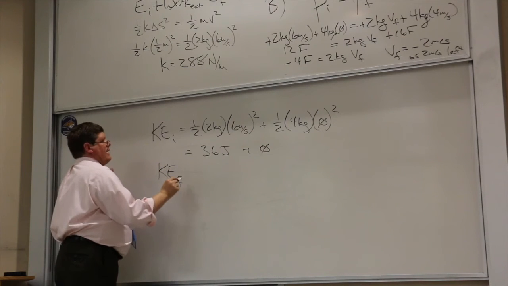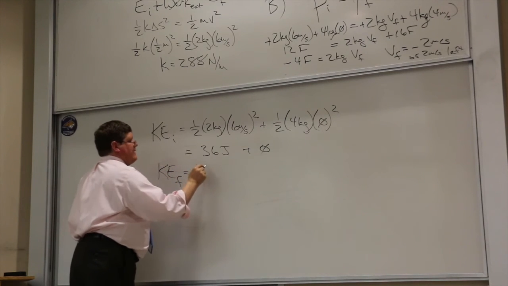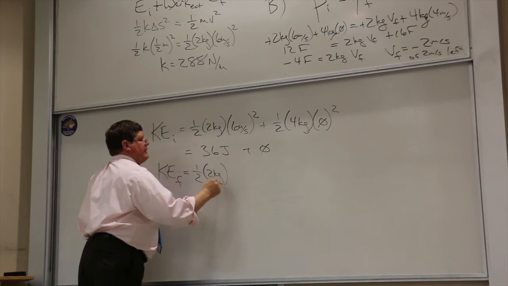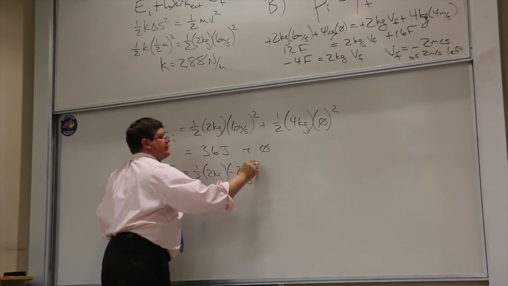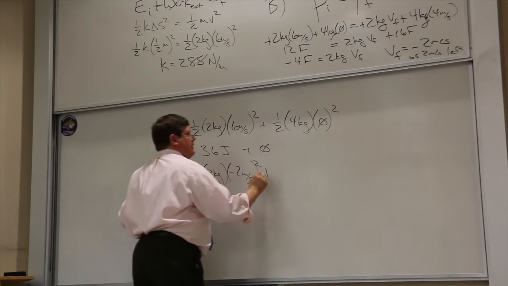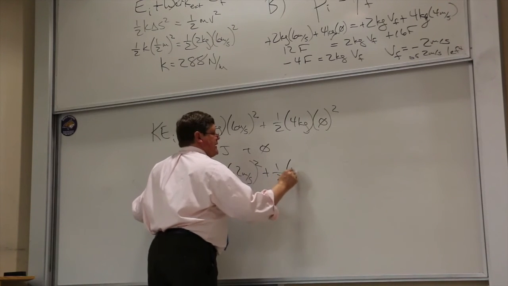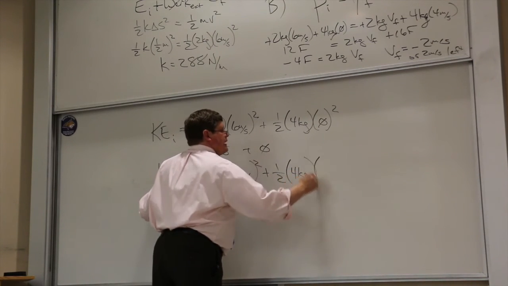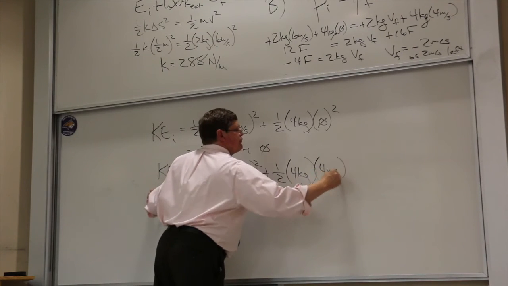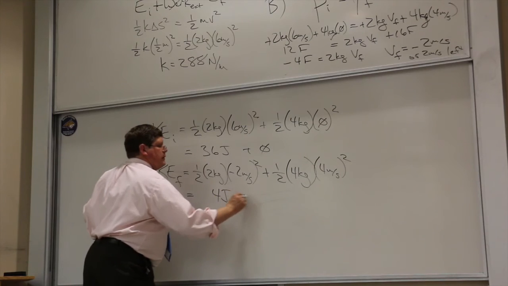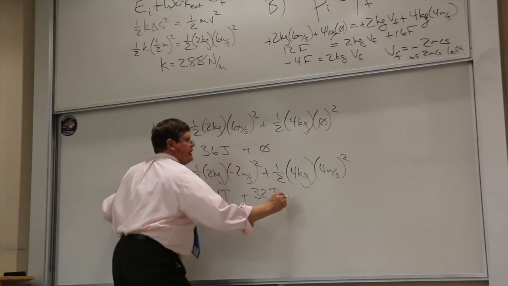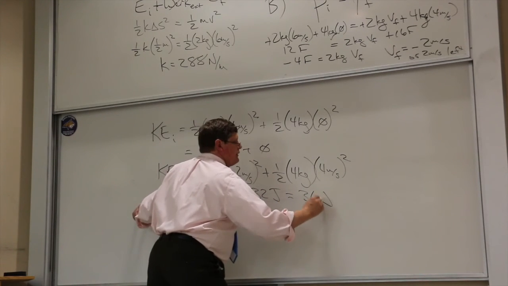Afterwards, I have 1/2 times 2 kilograms going negative 2 meters per second. The minus sign doesn't matter because I'm squaring it. Plus 1/2 times 4 kilograms times 4 meters per second squared. This is going to be 4 joules plus 32 joules is equal to 36 joules.